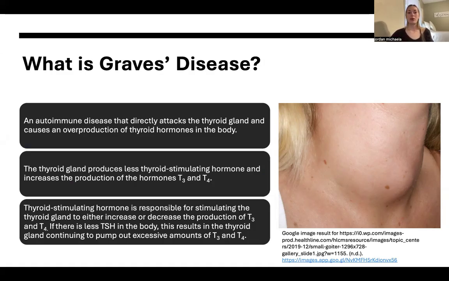Thyroid stimulating hormone is responsible for stimulating the thyroid gland to either increase or decrease the production of T3 and T4. And if there's less TSH in the body, it's just going to continue excessively producing more T3 and T4, even if the body is at full capacity, because the TSH is not decreasing it because it's completely obstructed.